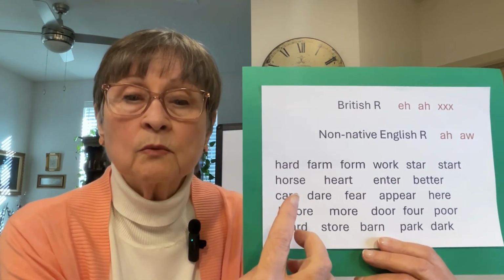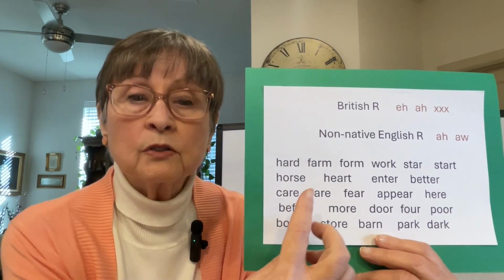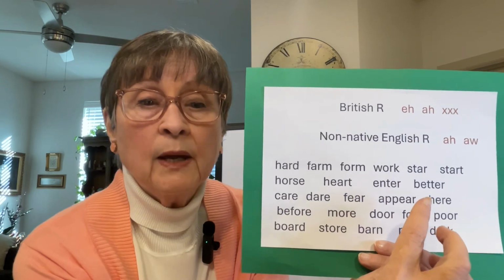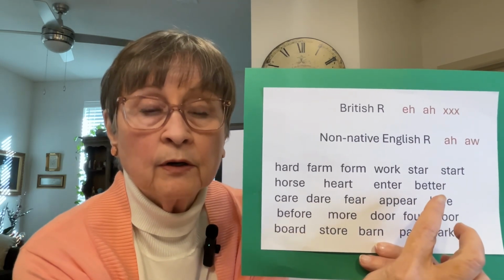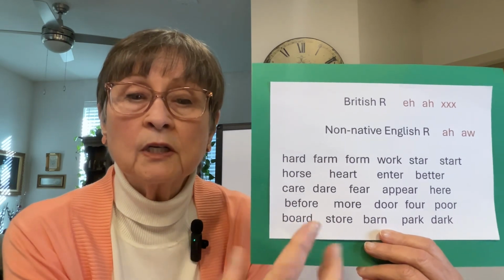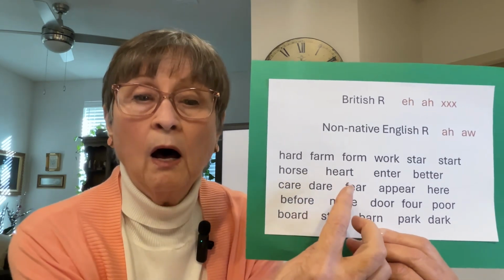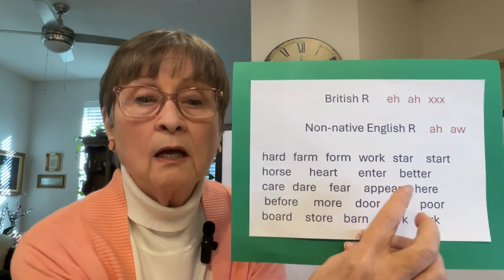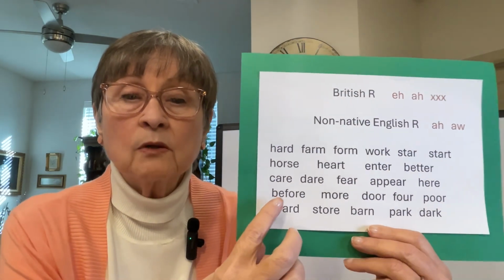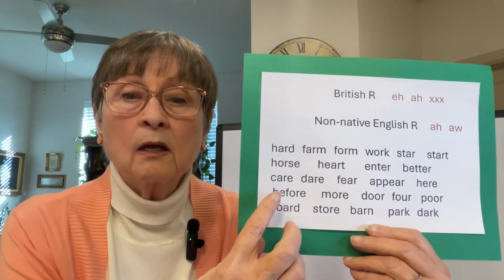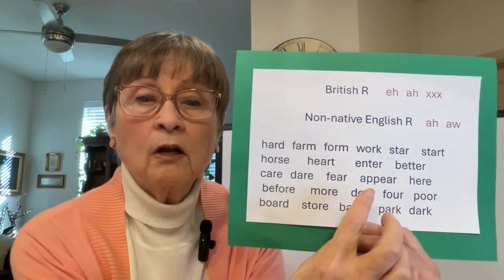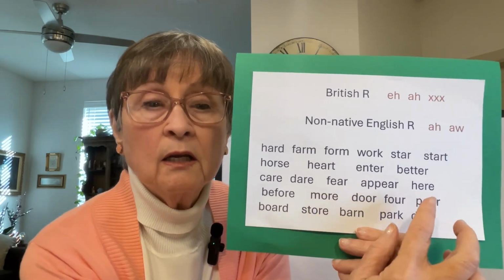In American English, we say the word horse, heart, enter, better, or sometimes better. In British English, it might be horse, heart, enter, better. Very different. These words in American English, care, dare, fear, appear, hear.